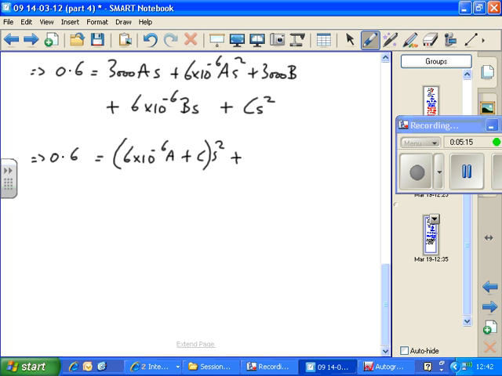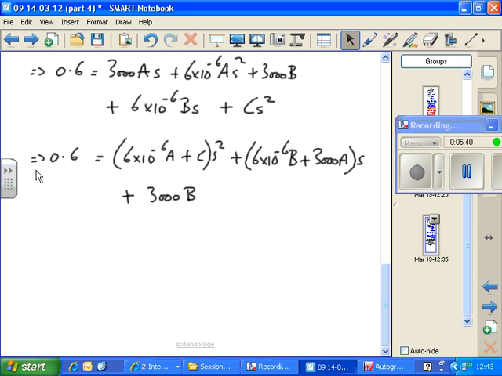Terms involving S, 6 times 10 to the minus 6 B plus 3000 A, S, plus 3000 B. And now we can make up 3 equations as we did in the previous example.